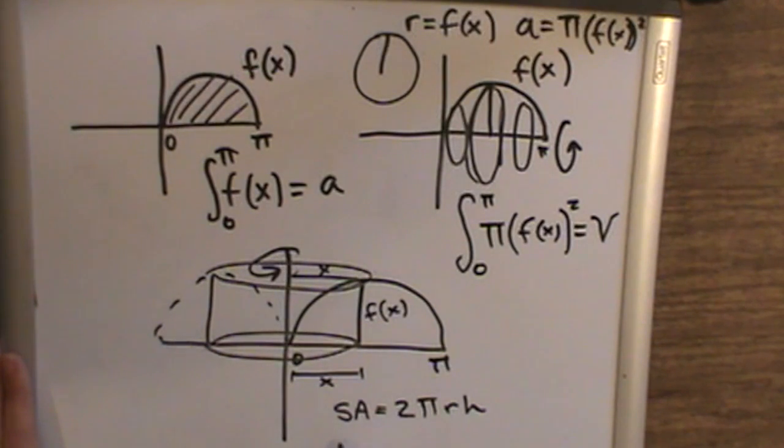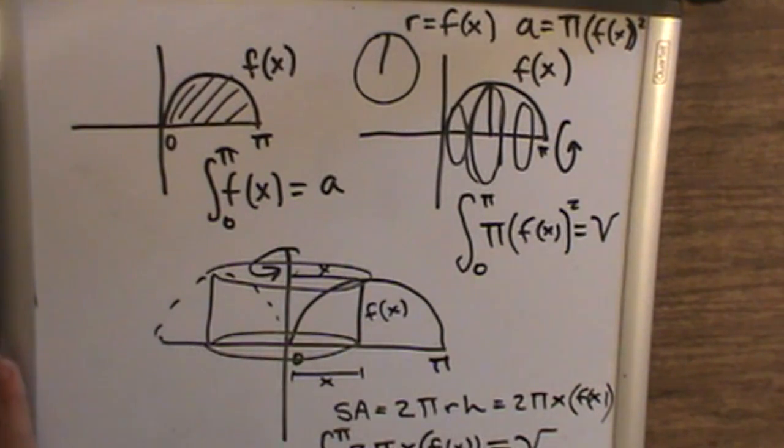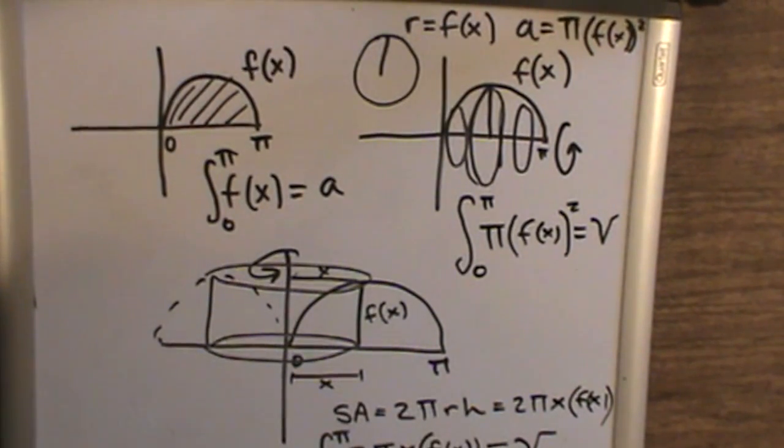In this case, that would be equal to 2 pi times x times the function. And you would take the integral of that from pi to 0. And that would give you the volume of that shape rotated around the y-axis.